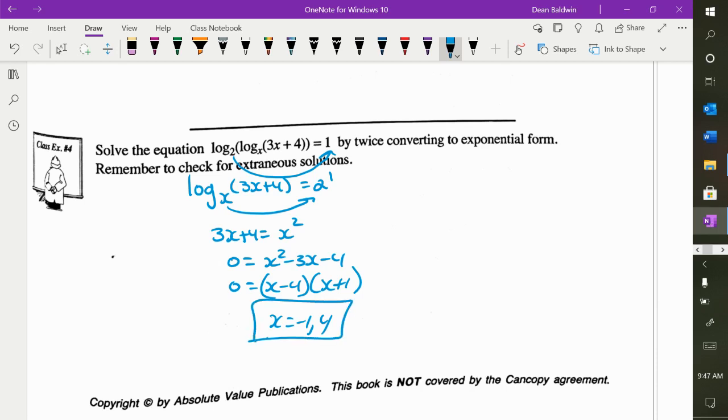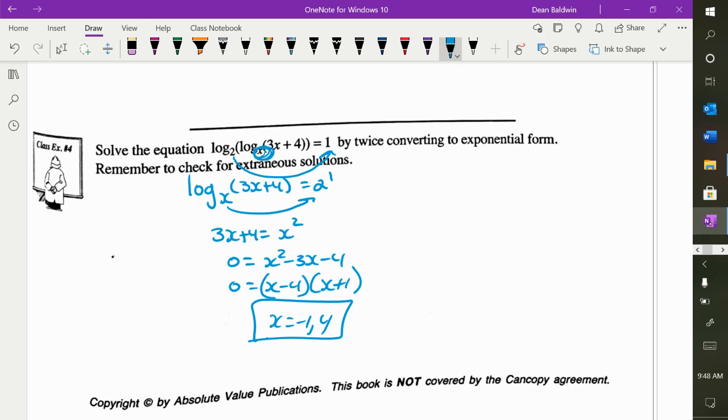Do they both work? How do you know? Okay, we'll put the -1 in. 3 times -1 is -3 plus 4 is 1. Can you log that number? But the base, can you have a negative base?